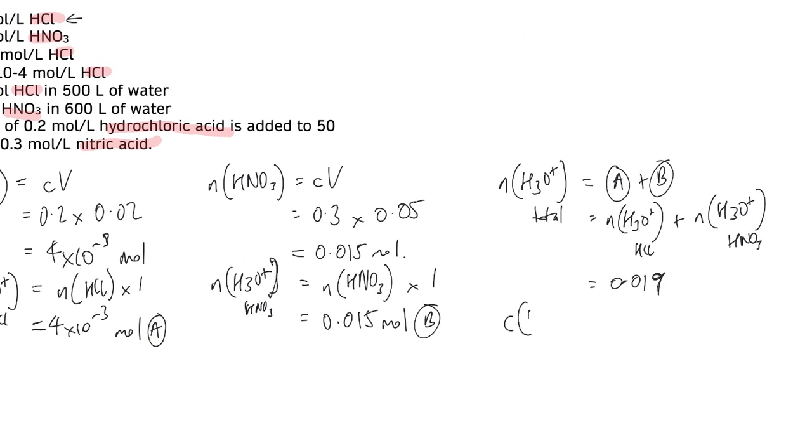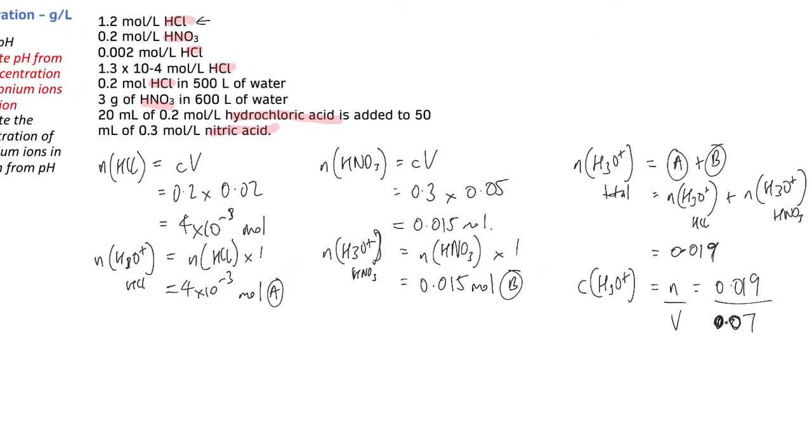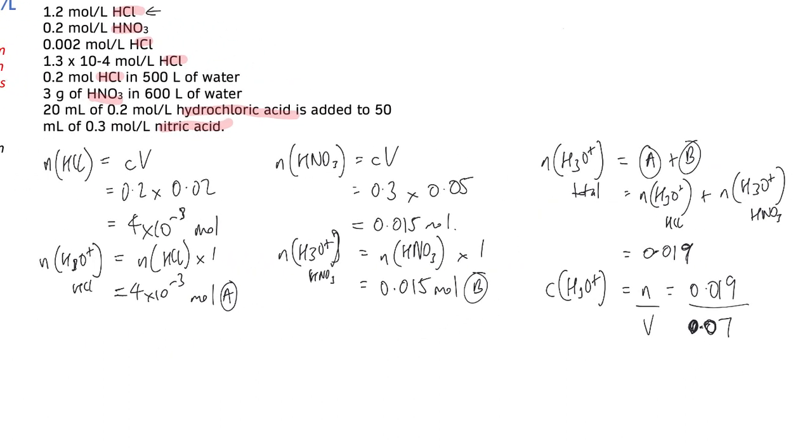So the concentration of H3O+ will be equal to, now we've got to think, it's n on V. The n is here, we worked that out, but we're going to use a volume of 70 mL. Why do I use a volume of 70 mL? Because you've added 50 mL to 20 mL, so you've got 70 mL in total, so you've got to think about the total volume.